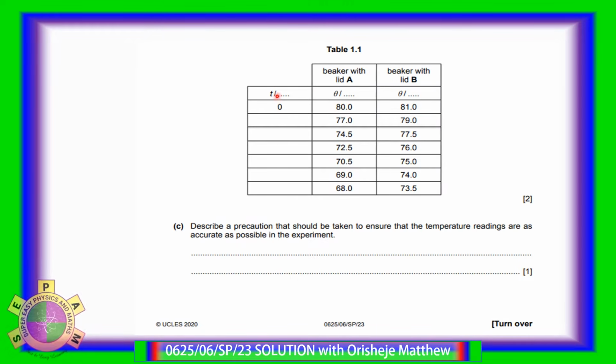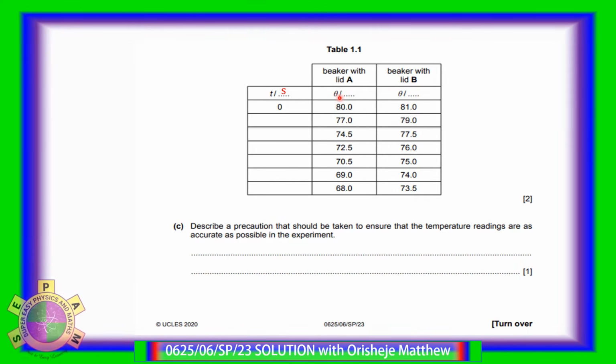First of all, let's supply the column headings. We have the time, which is measured in seconds. Then the temperature of beaker A: you are given the label of the column, but the unit is not given.